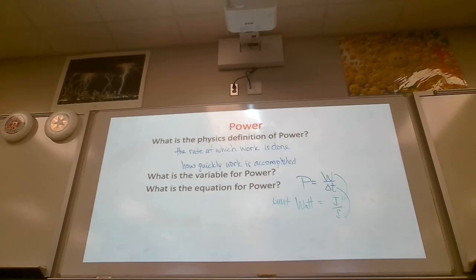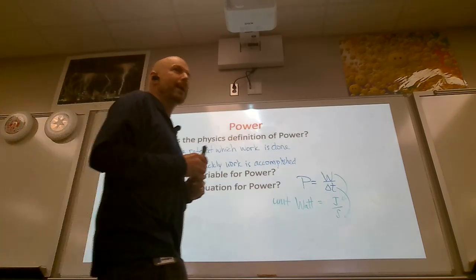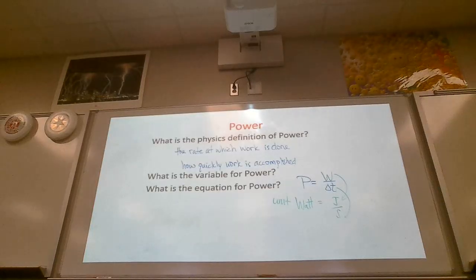Technically, the symbol, the abbreviation for watt is a capital W. However, that gets kind of confusing with the capital W for work being the variable. So I just write it as watts, just to make that distinction. Okay?